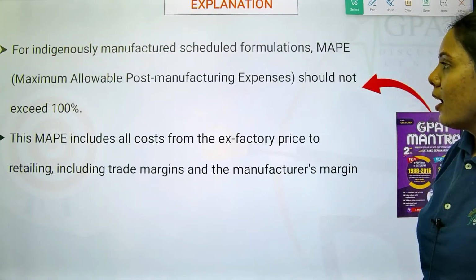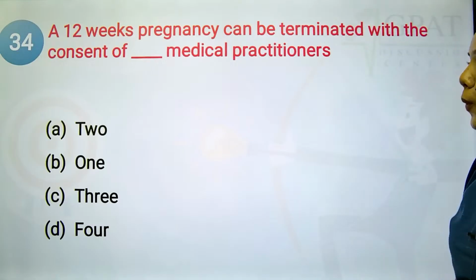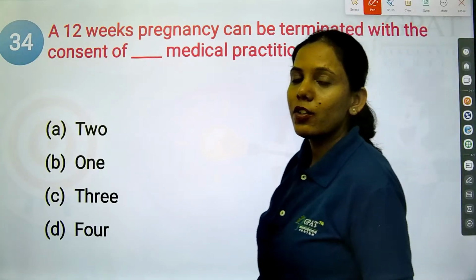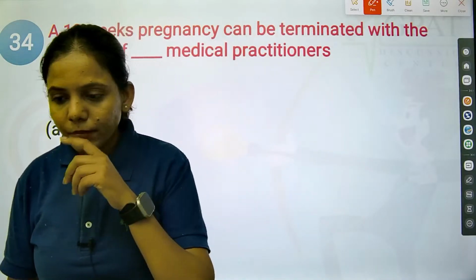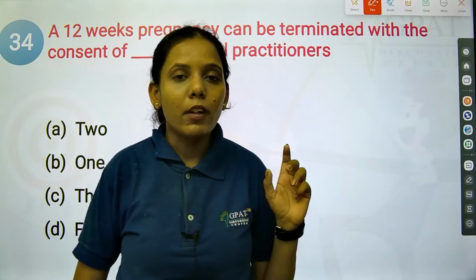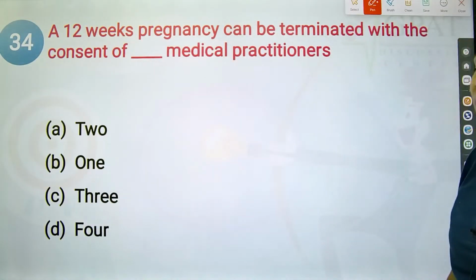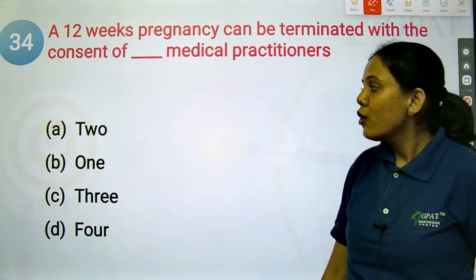The next is: a 12 weeks pregnancy can be terminated with the consent of dash medical practitioner. So how many weeks? Depending upon that, because if more weeks are there, the complication increases. When the pregnancy is about 12 weeks, how many medical practitioners' consent is required? That is 2.